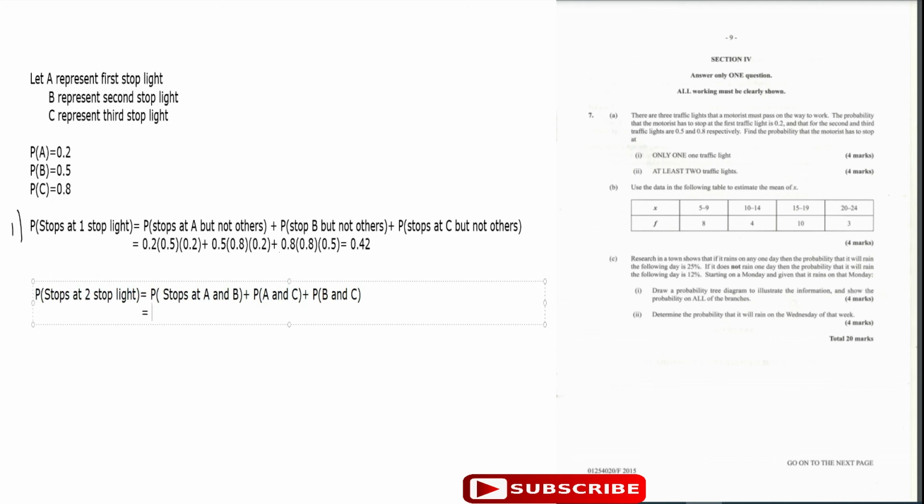So that's going to be equal to, the probability of stopping at A and B is the probability of stopping at A, 0.2, times not stopping at B, 0.5, times not stopping at C, 0.2, plus the probability of stopping at A and C is 0.2, times not stopping at B, 0.5, times stopping at C, 0.8, plus the probability of stopping at B and C, which is 0.2 times 0.5 times 0.8.